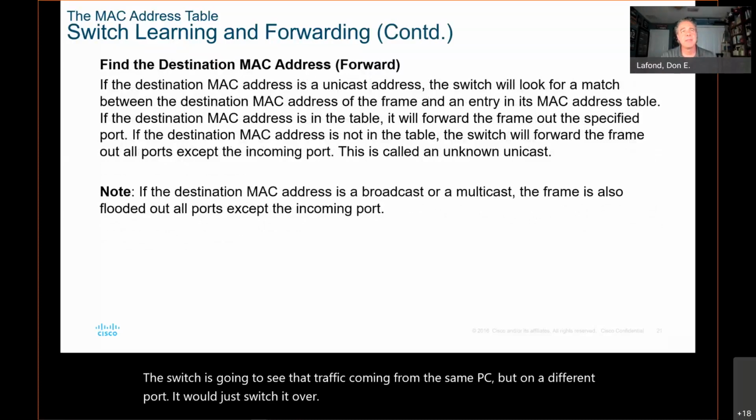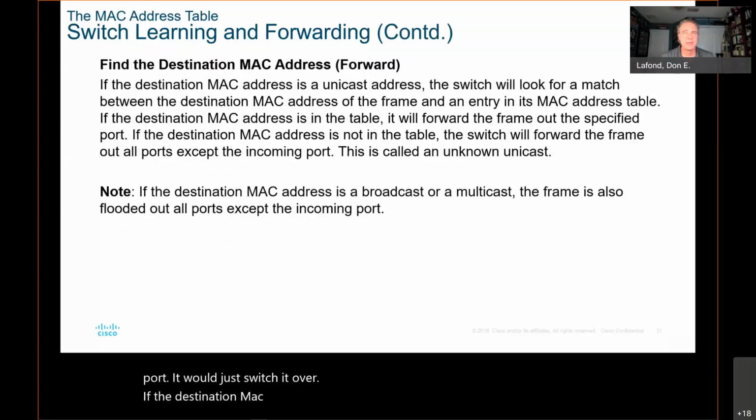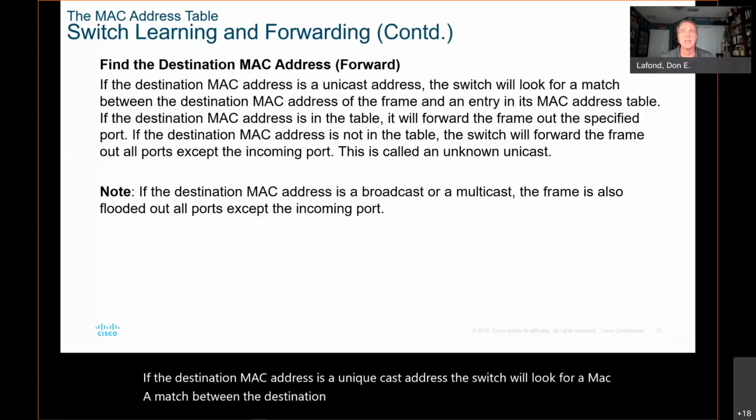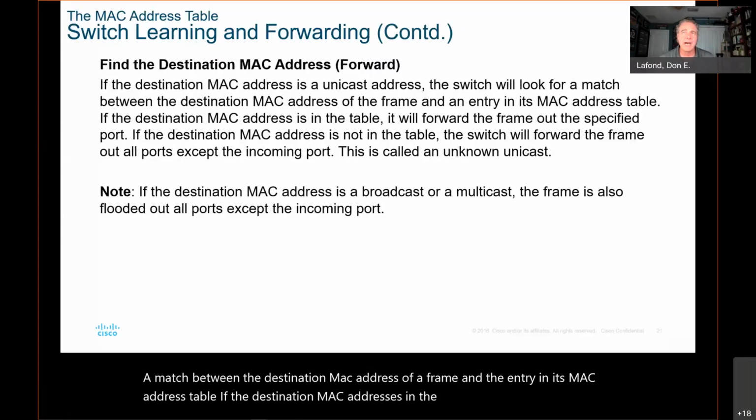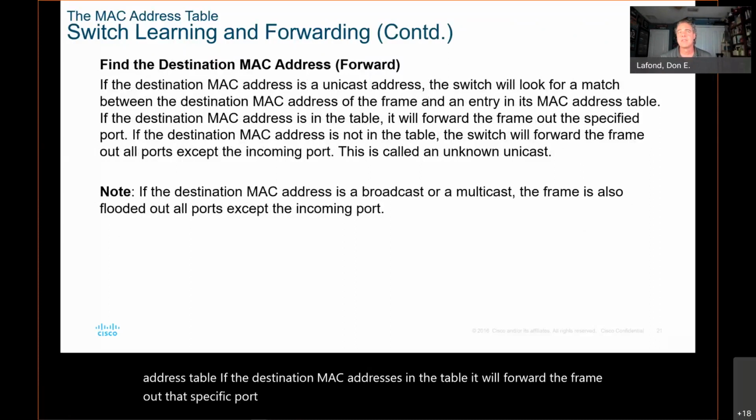If the destination MAC address is a unicast address, the switch will look for a match between the destination MAC address of a frame and the entry in its MAC address table. If the destination MAC address is in the table, it will forward the frame out that specific port. If the destination MAC address is not in the table, the switch will forward the frame out all ports.